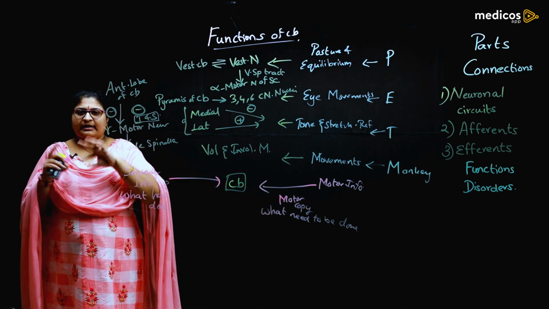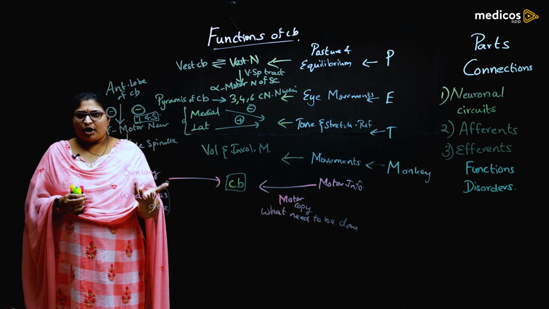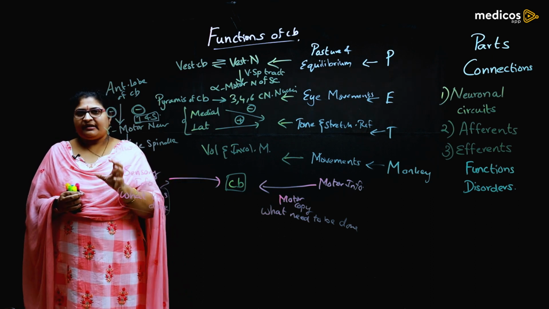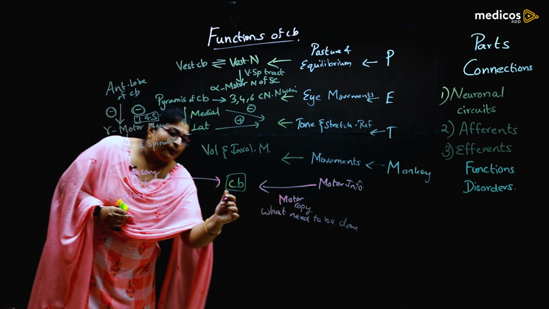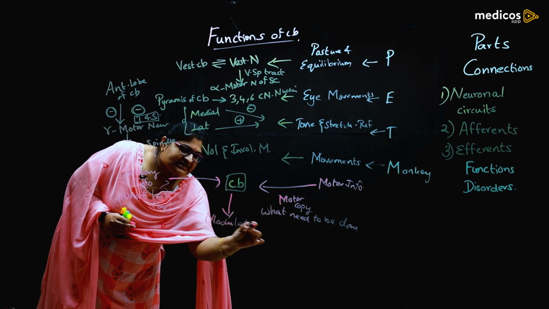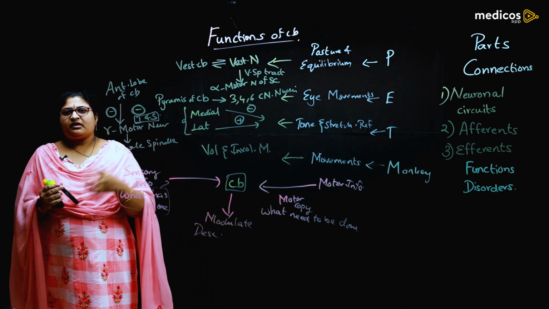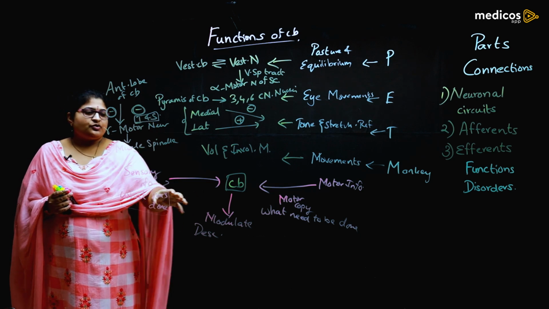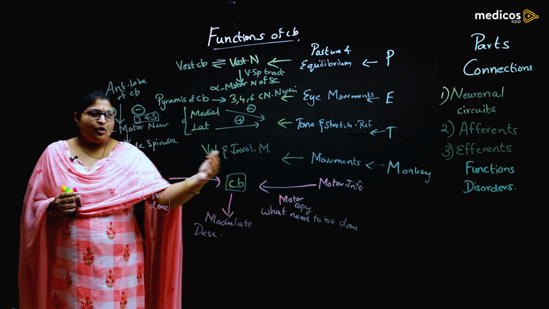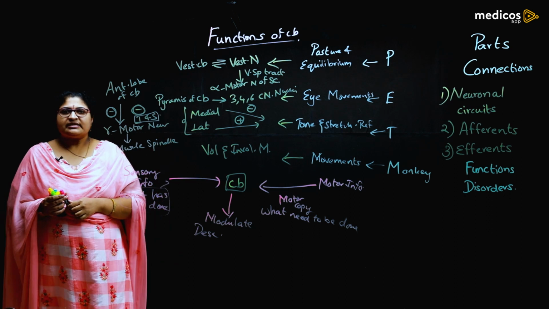Now the cerebellum will compare the sensory copy and motor copy, and if there is any abnormality or any correction needed in the movement, the cerebellum will detect that and modulate that activity via influence over descending pathways. So you know that corticospinal tracts are influenced by the neocerebellum, right? So this modulation of activity is done by the comparison of motor copy and sensory copy in the cerebellum. So these are the functions of the cerebellum.